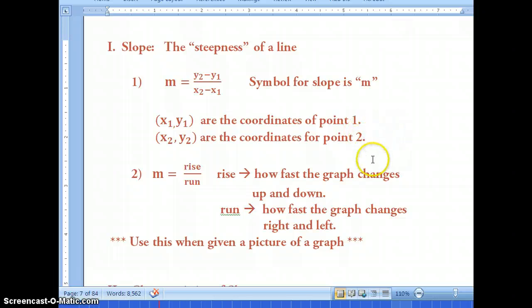Now, the way I distinguish this is if you are given a picture of a graph, they already give you the line, they don't give you any of the coordinates on the line, I would use the rise over run formula. When they actually give you the coordinates, they actually give you point A as 2, -1, for example, then I would use the first version of the slope formula.